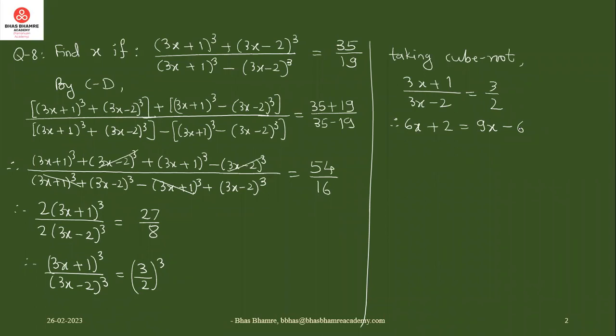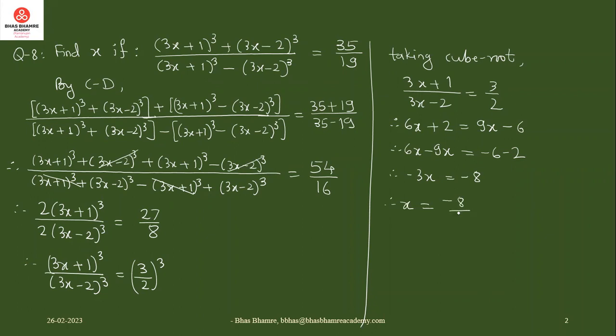Then shifting the sides, we get 6x minus 9x is equal to minus 6 minus 2. 6x minus 9x is minus 3x, that is equal to minus 8.